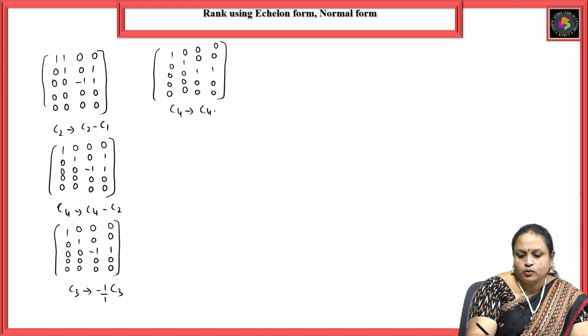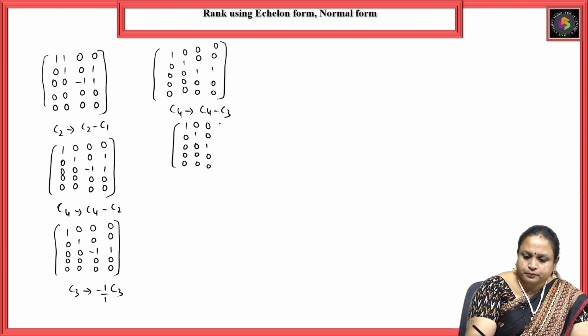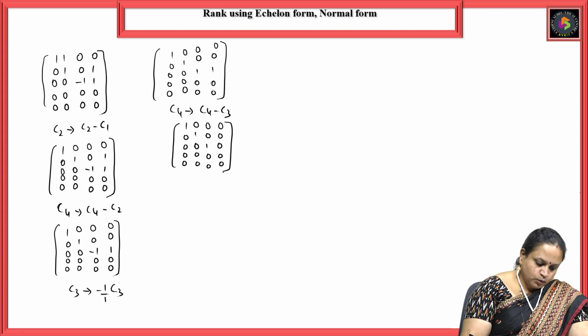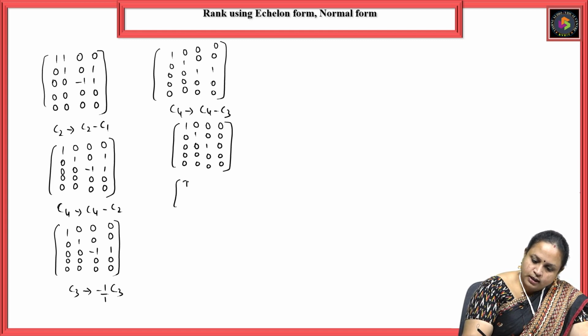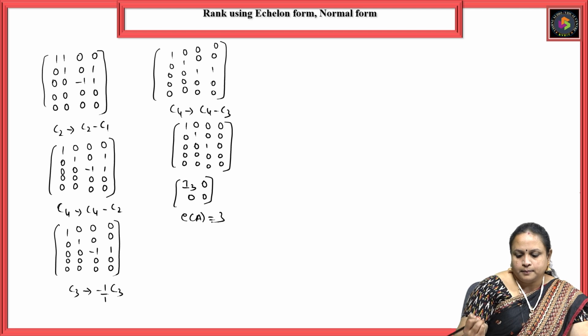C4 implies C4 minus C3. That is 1 0 0 0 0, 0 1 0 0 0, 0 0 1 0 0, and 0 0 0 0 0. So the last column has totally become 0. Now you can see it is an identity matrix of order 3. Therefore, rank of A is 3.